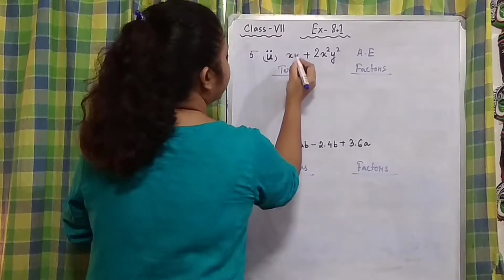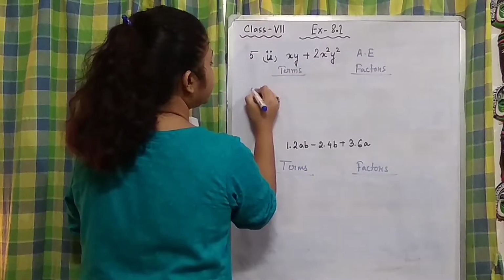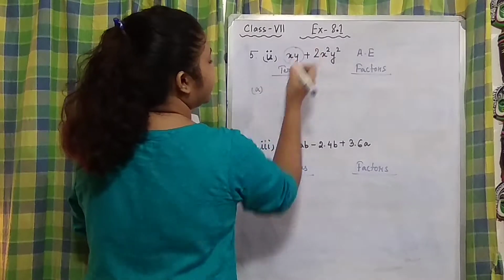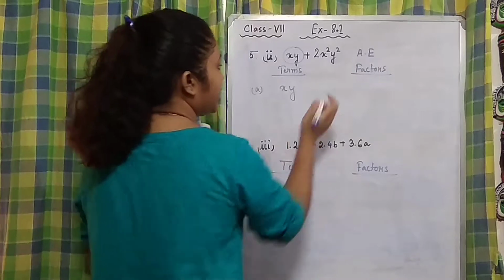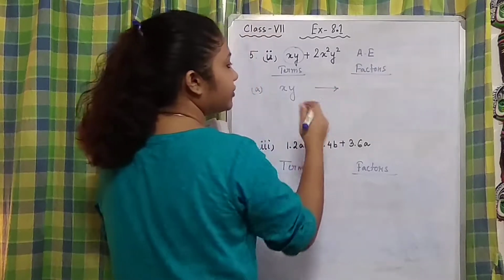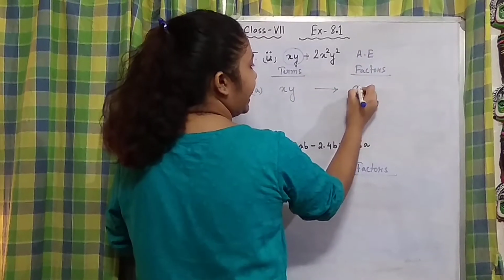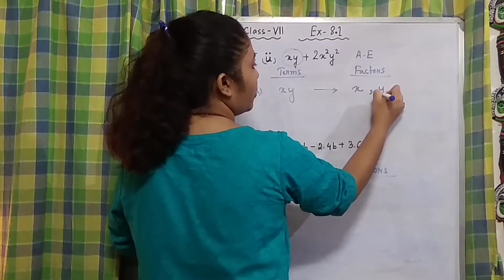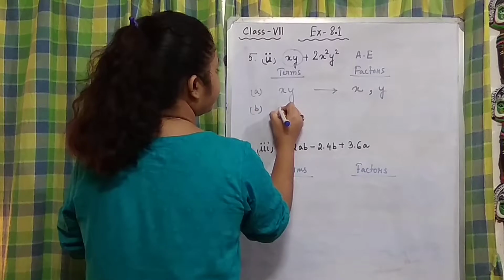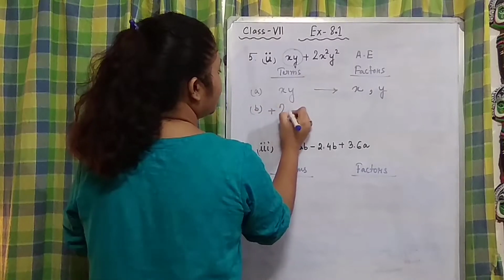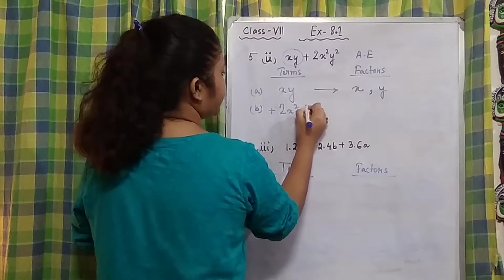Alright, now here first things first, the first term is xy. Okay, xy is the first term. Now from there, what are the factors we are going to get? x and y, right? Now the second term is plus 2x square y square.